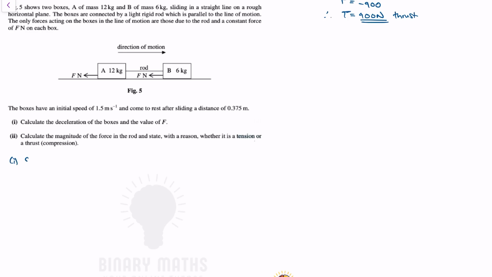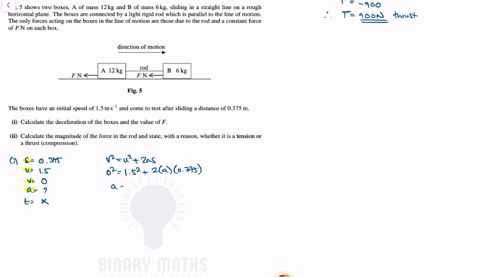So part 1 is to set up a suvat. We know it's traveled 0.375 meters. We know the initial speed is 1.5. We know the final speed is 0, since it comes to rest. Acceleration is what we're trying to find. We don't know the time. So we've got S, U, V, and A, which means v squared is equal to u squared plus 2as. 0 squared is equal to 1.5 squared plus 2 times a times 0.375.